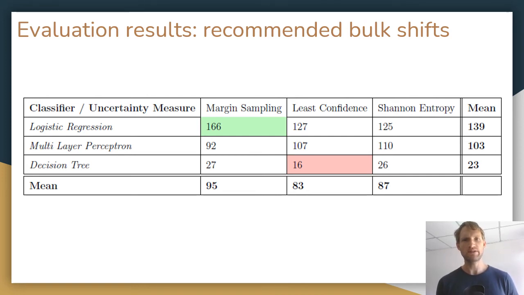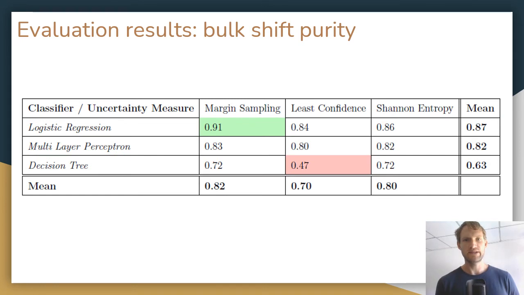For each round, there is a significant number of recommended image shifts accepted by the user. Also in this case, the logistic regression classifier is performing best. Here you can see the mean purity of the bulk shift recommendation in the active learning cycle, which is up to 91%, meaning also that there is little entropy in the recommendations.